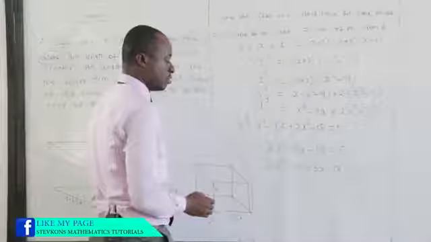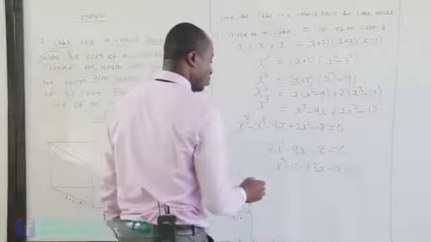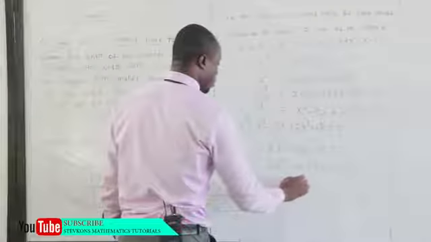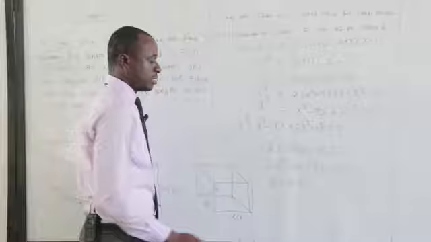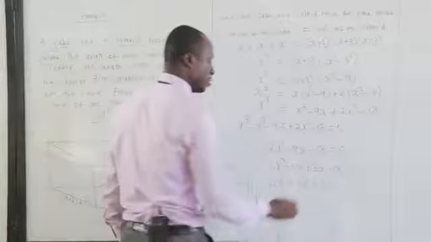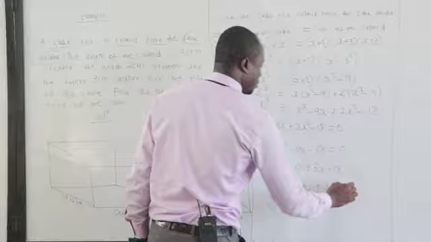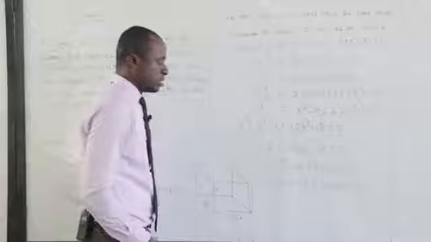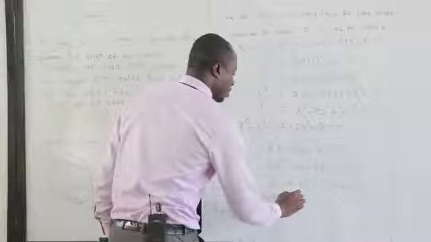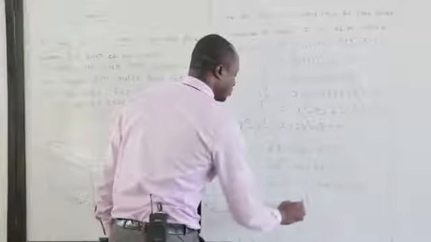Looking at these two, clearly 2x is common. So 2x, what do I have? x minus 6. Now this 3 is common, and what do I have? x minus 6 equal to 0. x minus 6 is common. I have to factorize x minus 6 out.